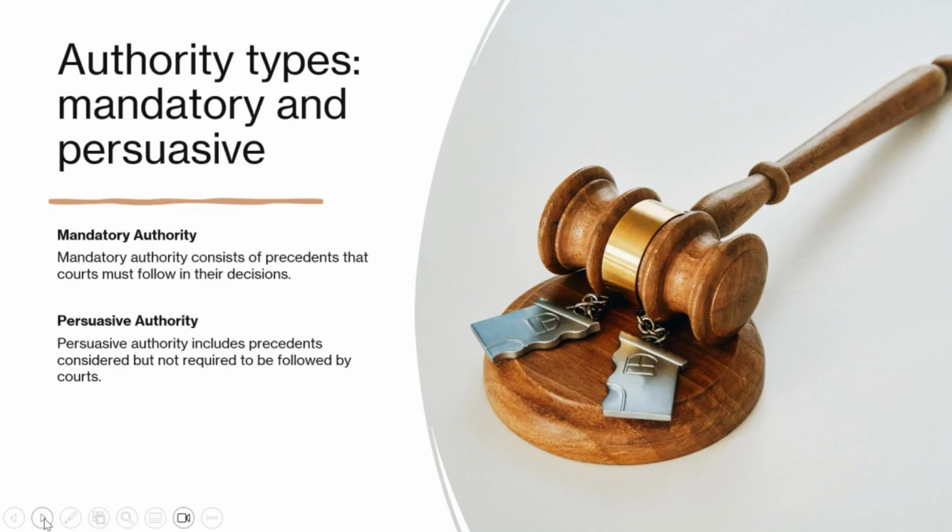It may look like it's from your state, like I'm in Florida, but I might not be in the same district. So if I'm in a different district and I'm plugging in precedent from another district, it would only be persuasive authority. If it were in the Florida Supreme Court, however, this is really easy. Keep this simple. If it's in your state Supreme Court, it's your highest court, it's going to be mandatory all over the state.